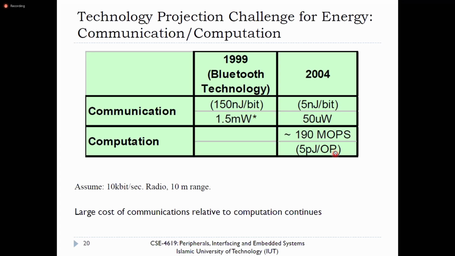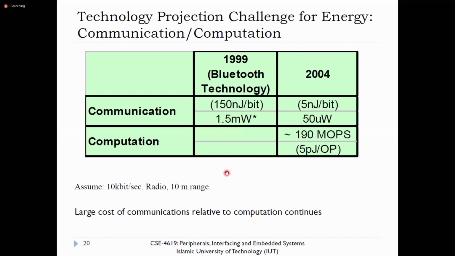And for each of these operations, we need 5 picojoule of energy. So the consideration is made based on a data rate of 10 kilobit per second using wireless radio, and the range is 10 meters. Within a 10-meter range, these statistics are made.